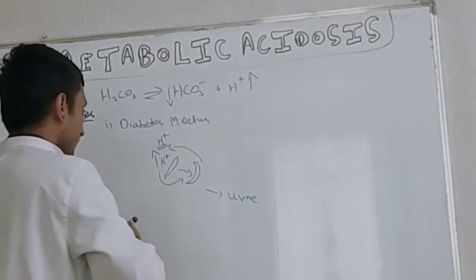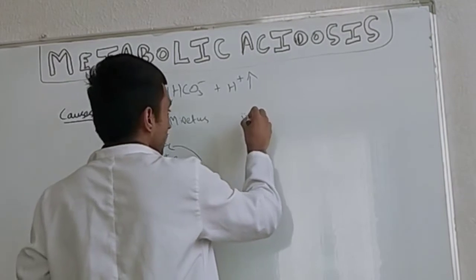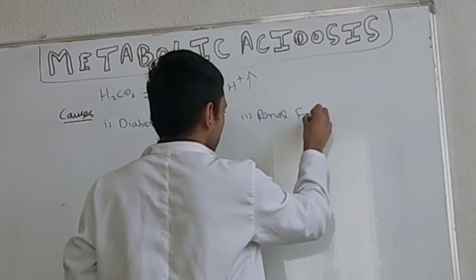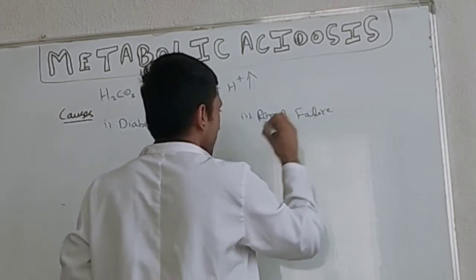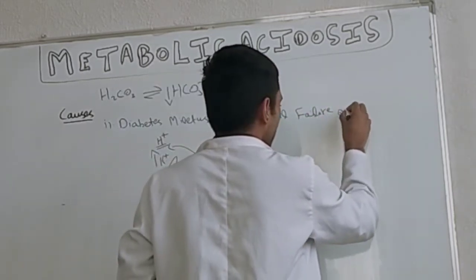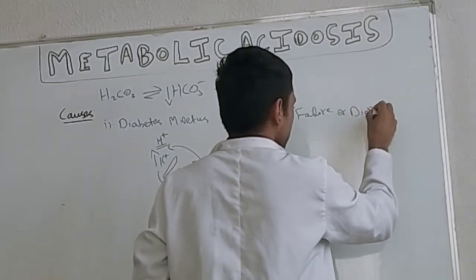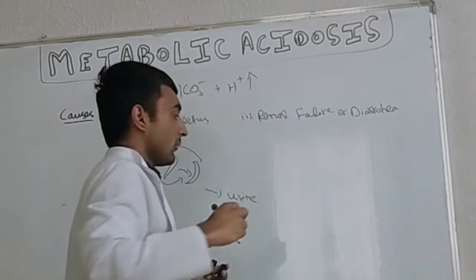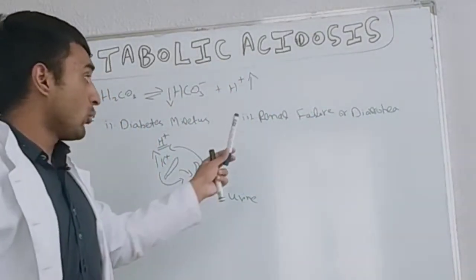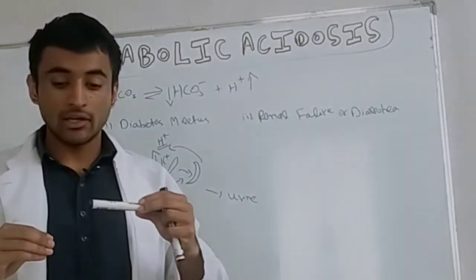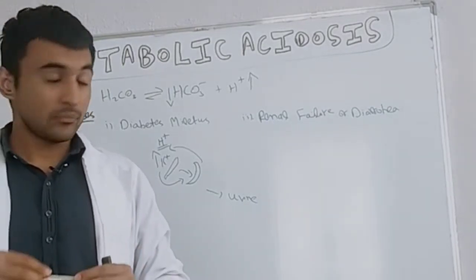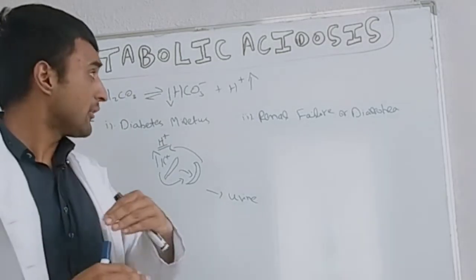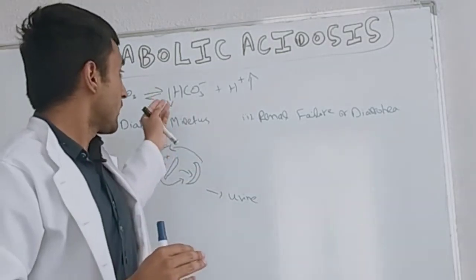Secondly, we have renal failure or diarrhea. In the case of renal failure or diarrhea, in both cases there is a loss of essential electrolytes, and due to this there is also a loss of bicarbonate ions.